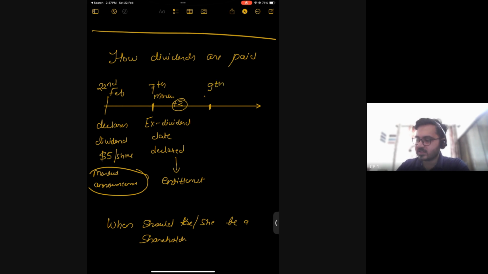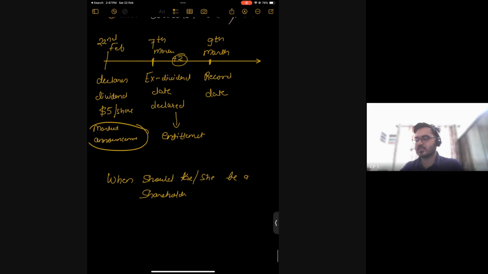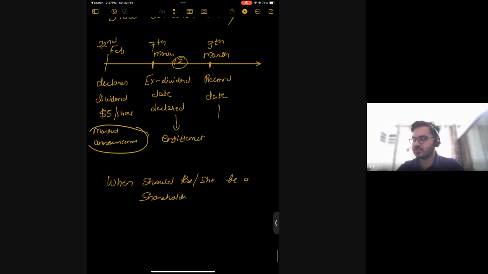So on 9th March, which is, let's just say, 2 days from there, you have something called a record date. What is record date? Record date is the date on which you look at the registers in order to declare dividend. So this is the date you look at the register. Now, why do I have a separate record date and why do I have a separate ex dividend date? I'll explain in some time.